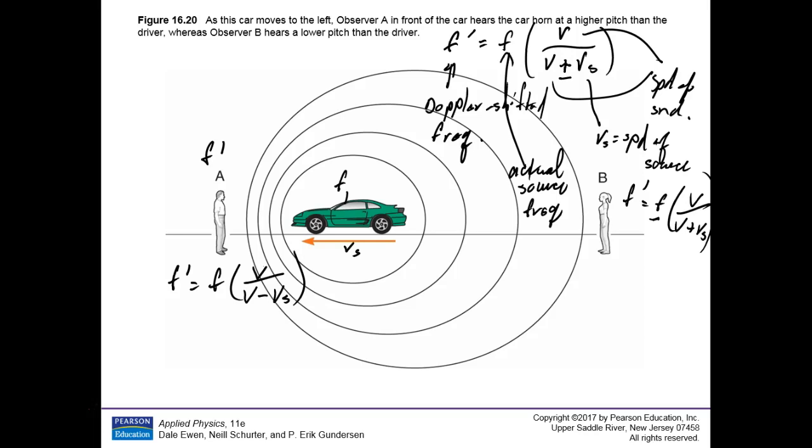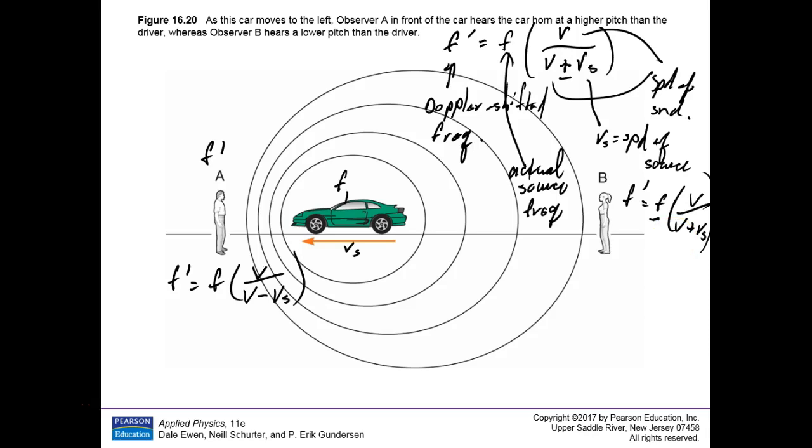The plus sign in the denominator is used when the source is moving away from the observer. The minus sign is used when it's moving toward the observer. Just remember that what makes the denominator smaller is when it's going toward the guy, and what makes the denominator larger is when it's going away from the listener, the observer.